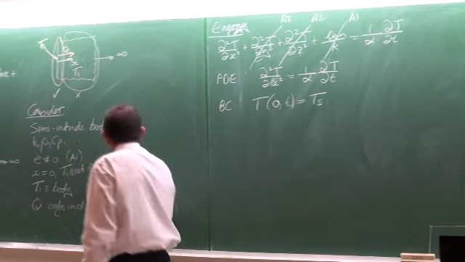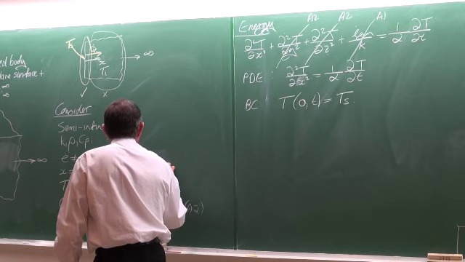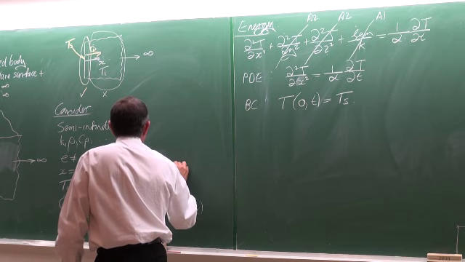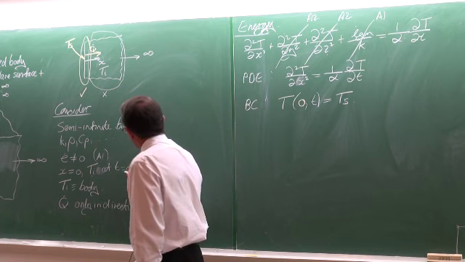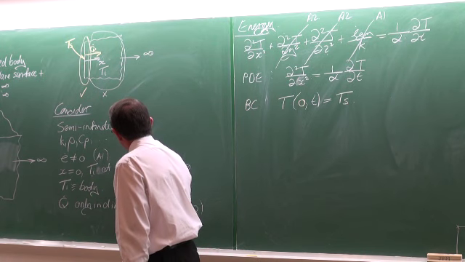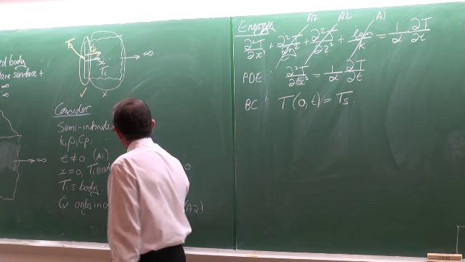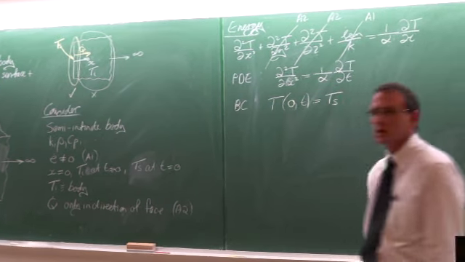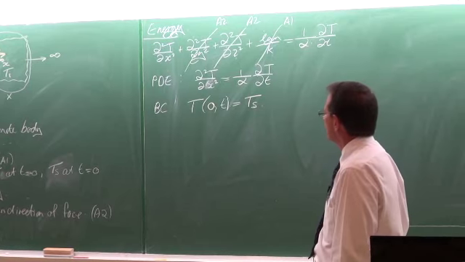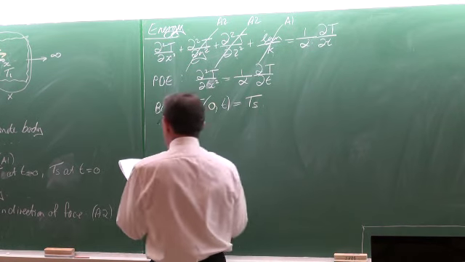And maybe we should say here, it changes to Ts at t equals 0, and it was at Ti at t equals minus 0. Let's put in there a minus 0. Just before time equals 0, it was equal to Ti. Okay, so that is our boundary condition.